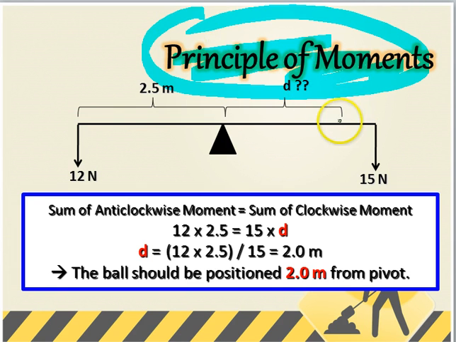We say that 2.5 meters we know, 12 newtons away. This force produces an anti-clockwise moment. This force over here instead produces a clockwise moment.